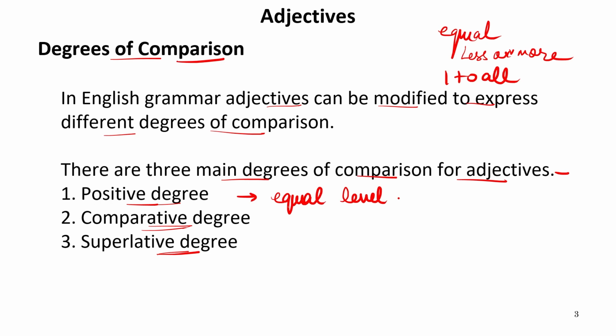So in case of equal level, we use only positive degree of adjective. Now what is positive degree of adjective? When the adjective is itself in its basic form, that is positive degree of adjective.